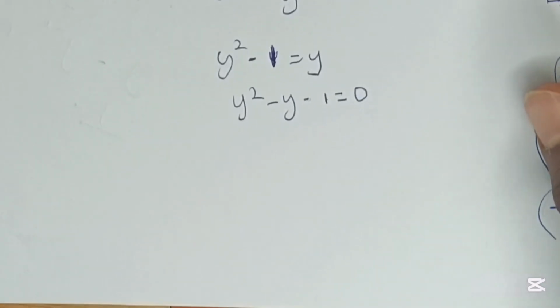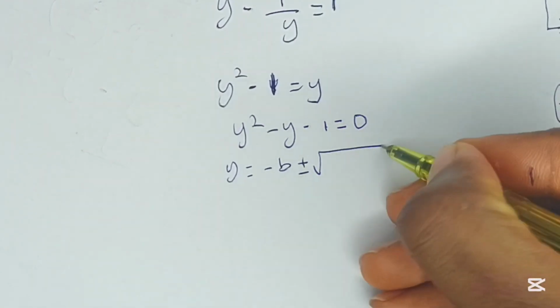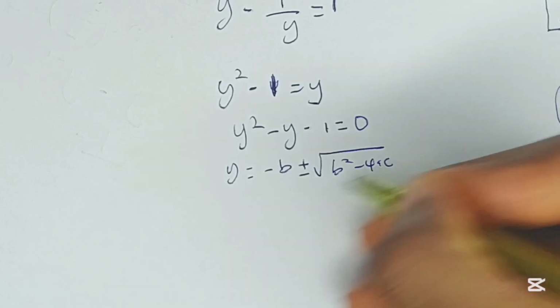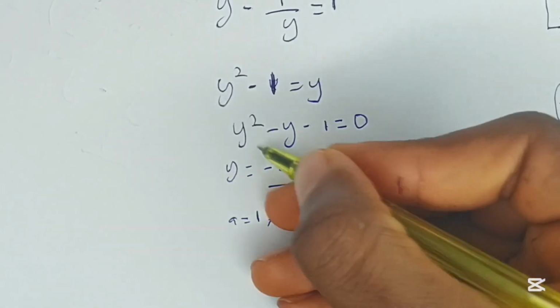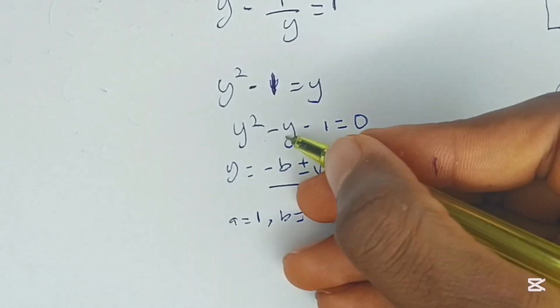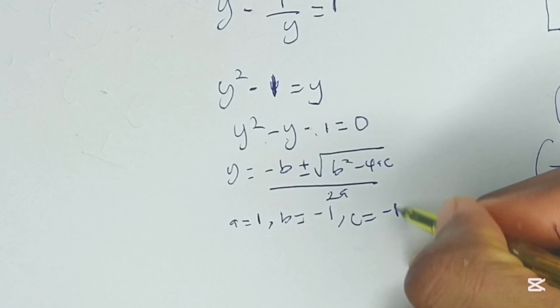Using the quadratic formula, y will be equal to minus b plus or minus square root of b squared minus 4ac, all over 2a. Let a be equal to 1, b is the coefficient of y, which is minus 1, and c is also minus 1.